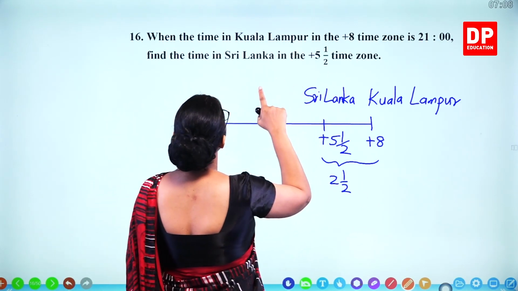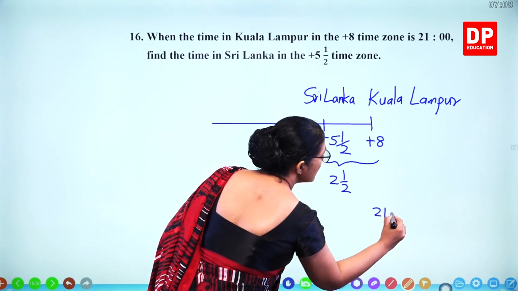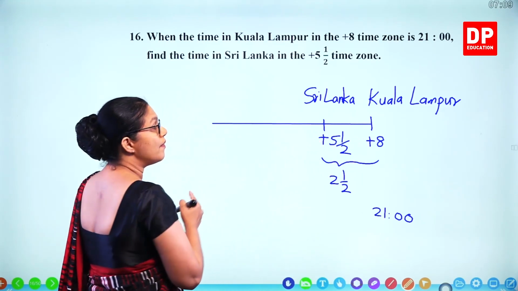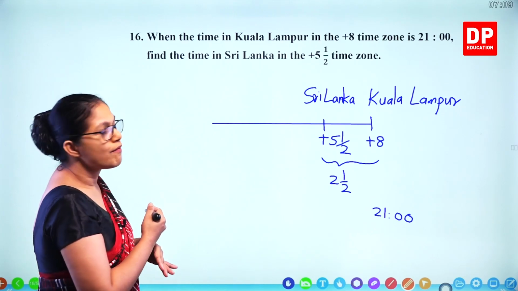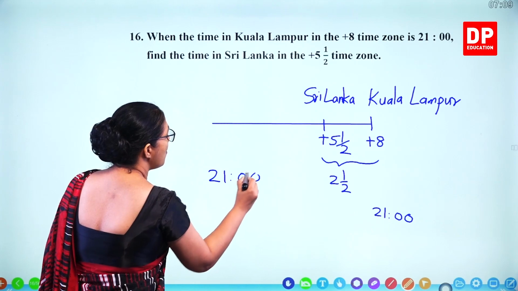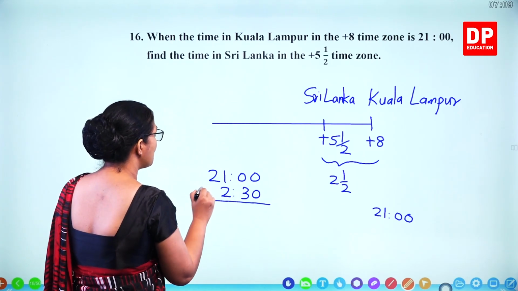Now, when the time in Kuala Lumpur is 21 hours. This is 21 hours. So here in Sri Lanka, you have to subtract 2.5 hours from that. So 21 hours minus 2.5 means 2 and 30, hours subtract.